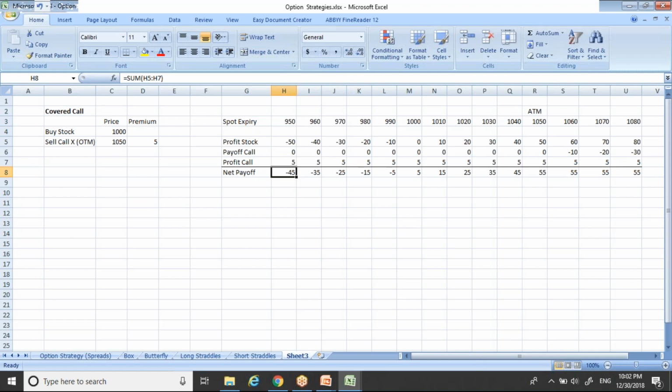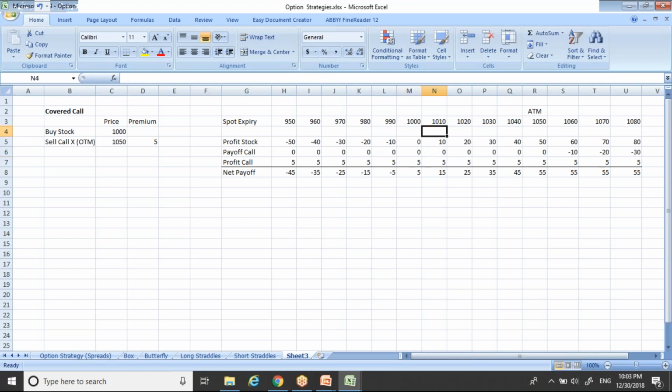So you have 45 losses. And if it is 960, then you have 35 losses. So at 1000, it is giving you 5 rupees profit. The premium you are receiving is this. And around at 990, it is giving you 5 rupees loss. So till 995, your profits and losses are same. So it gives you limited protection of 5 rupees.